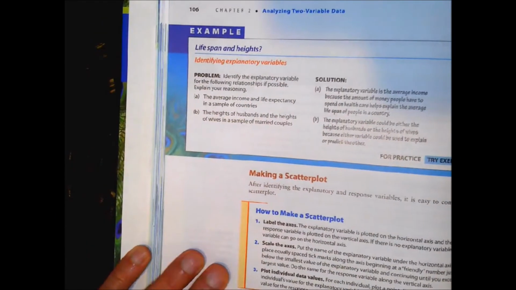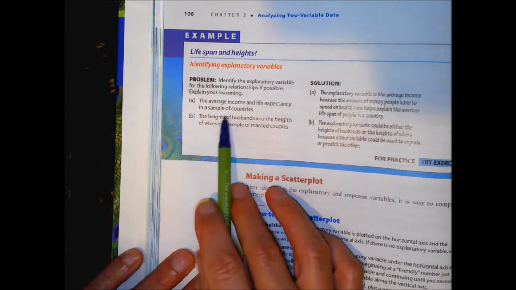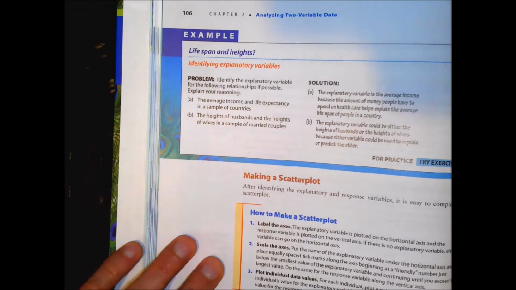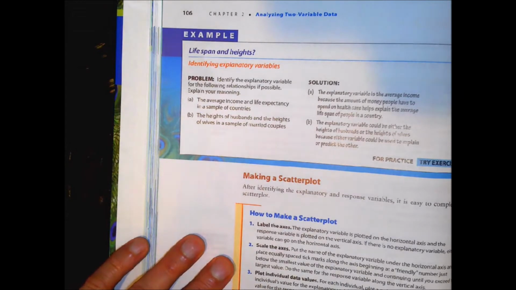So let's look at explanatory and response a little bit again. Average income and life expectancy. Which one do you think would influence the other? What would we start with, and what would we measure?